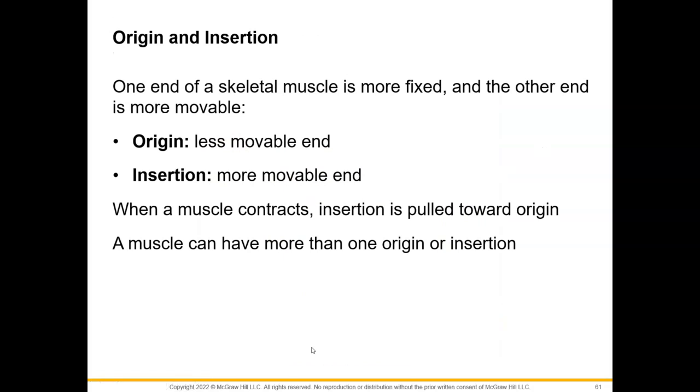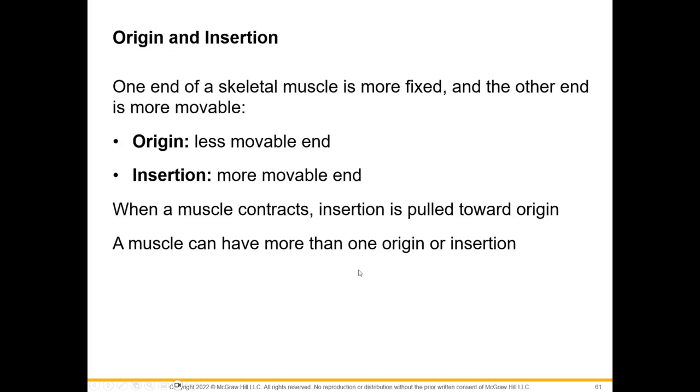Okay, now how bone moves is dependent on where the muscle is attached to it. So one end of the skeletal muscle is more fixed, the other end is movable. We call the movable end the insertion and the less movable end the origin. So when a muscle contracts, insertion is pulled towards the origin.